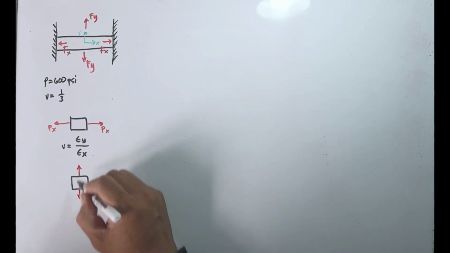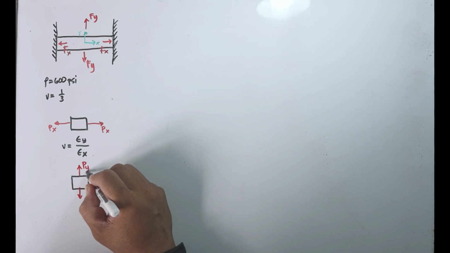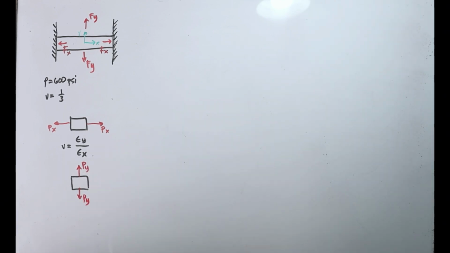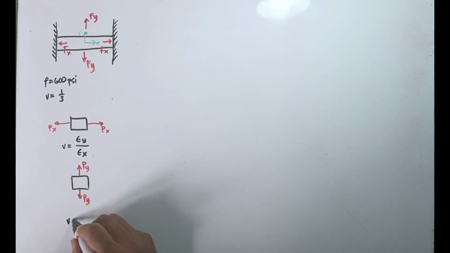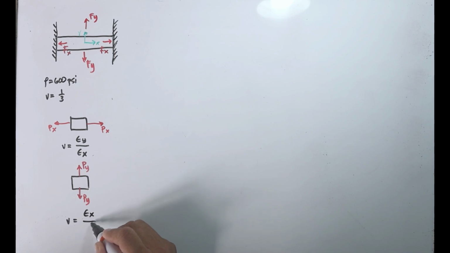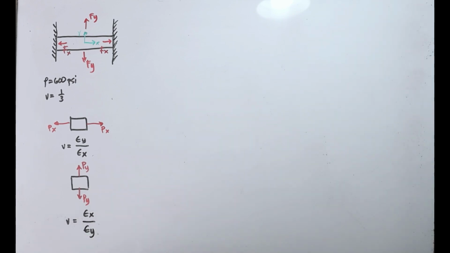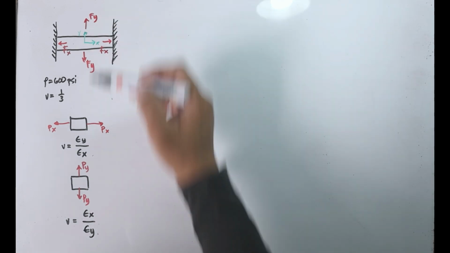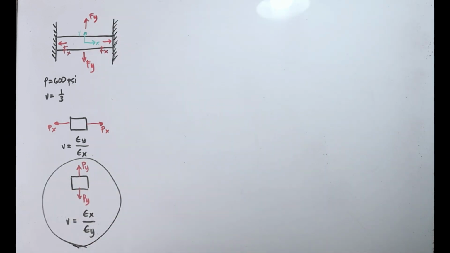If the tensile force is directed along y, then our Poisson's ratio is strain along x divided by strain along y. Okay? So for Fy, we will use this one.